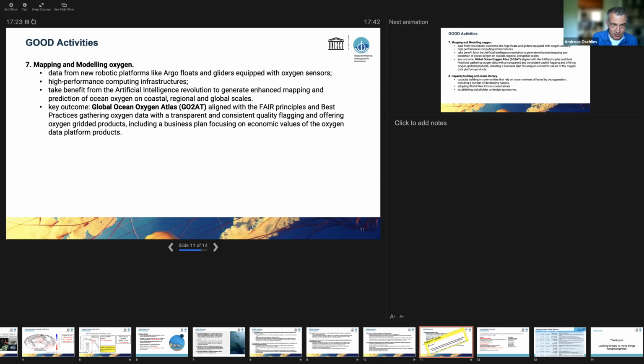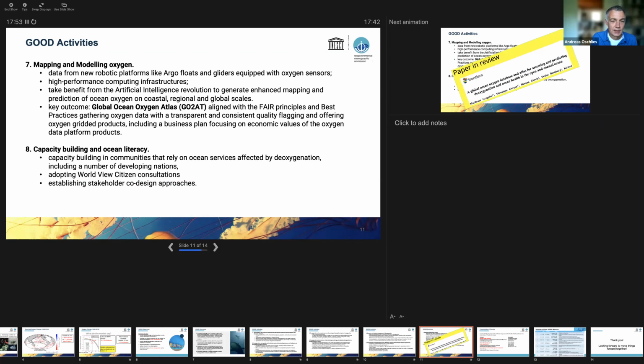This should motivate people to contribute their data, particularly the coastal data, which are not currently in international and transparent databases. So there is a huge set of data out there, but we have to make it public and easily accessible. Also, there are issues about quality control, best practices, and so on, which are to be covered here.